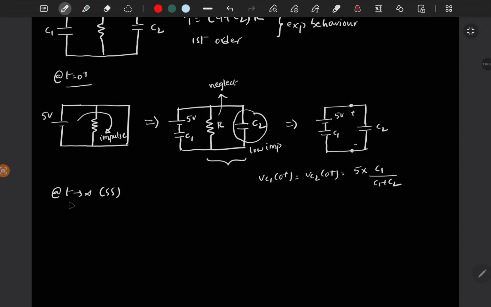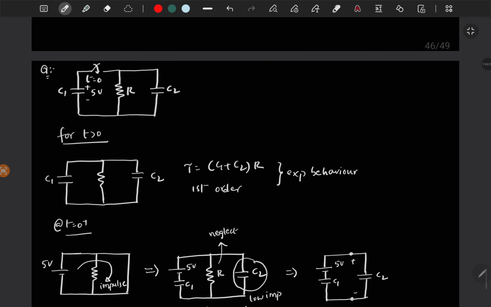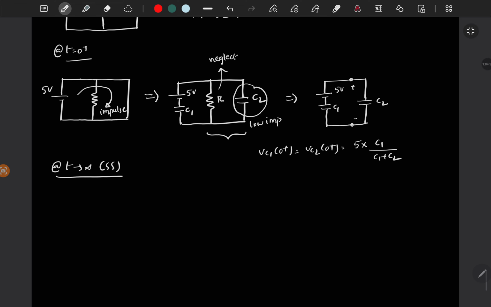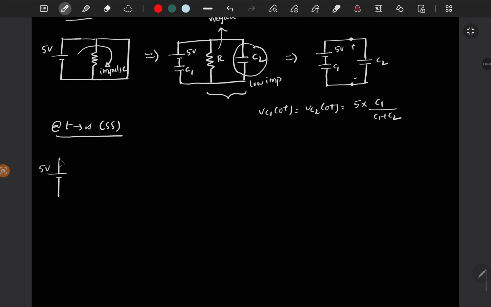For t tends to infinity, which is at steady state, this will be open circuited and you have a finite resistor. So this is 5 volt, and this capacitor will be open circuited, and this should be open circuited.